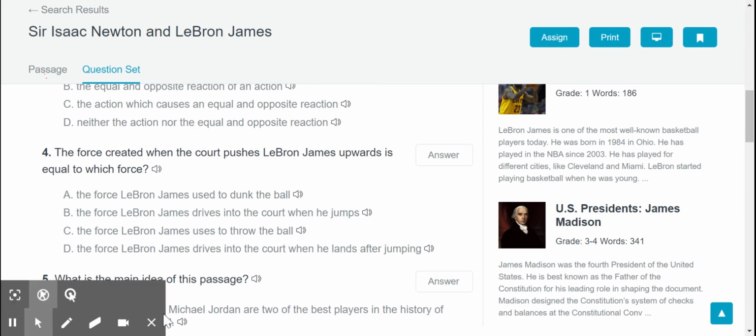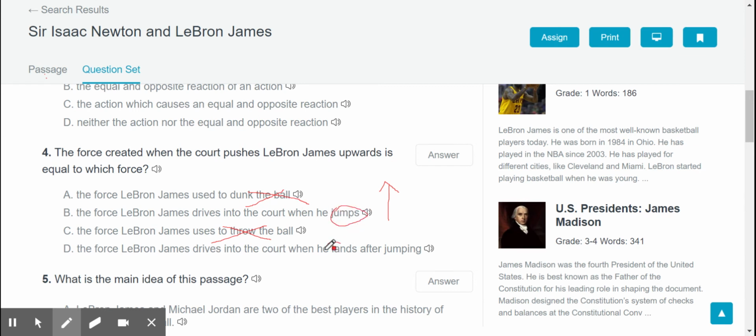Okay, so him going upwards is not about the force of the ball, and him going upwards is not about throwing the ball. So it's either B or D. So him going upwards, is that because of the jump, or is that because of his landing?